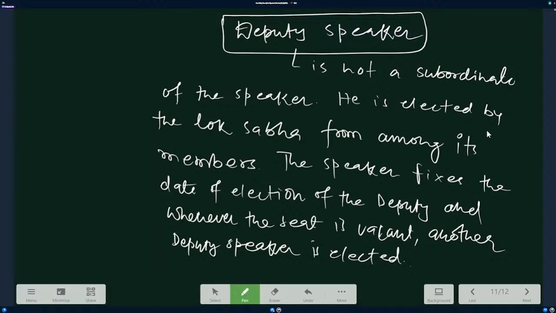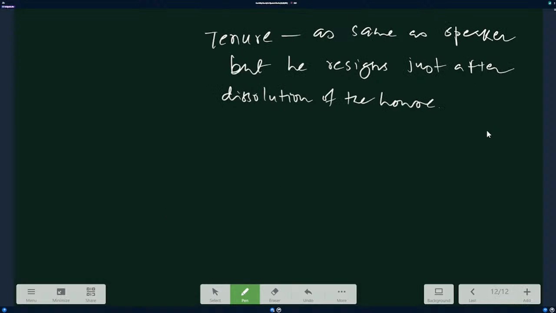Now, the power is the same as the speaker.